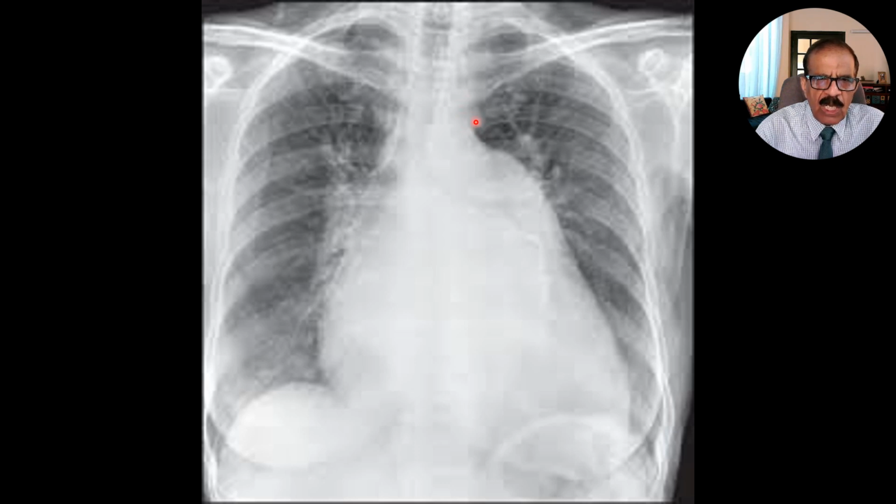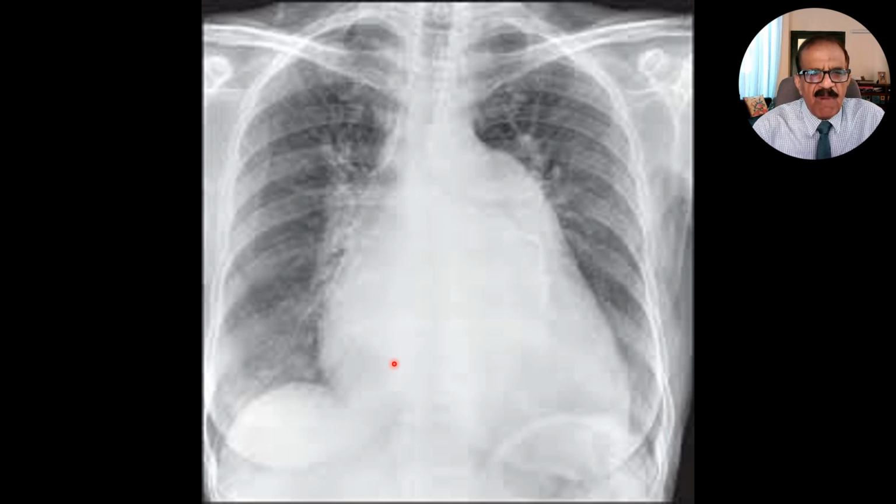Normally this is the aorta, and this should be concave border like this, and then there should be left ventricular convexity. In this case, there should be concavity here. This concavity has been replaced by this convexity. So this cardiac border is unique cardiac border, and this cardiomegaly is called mitralization of heart.